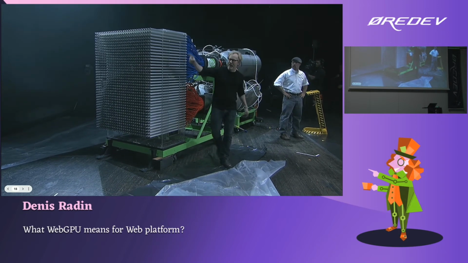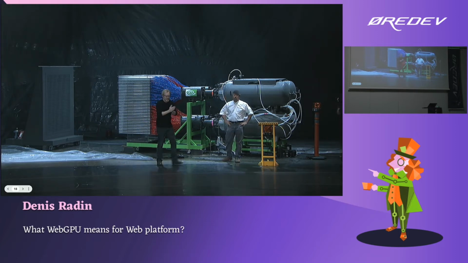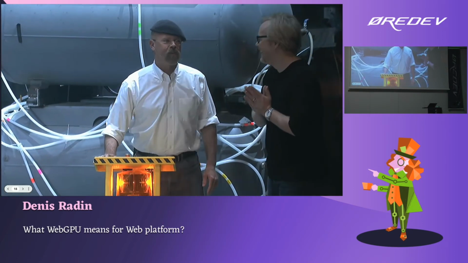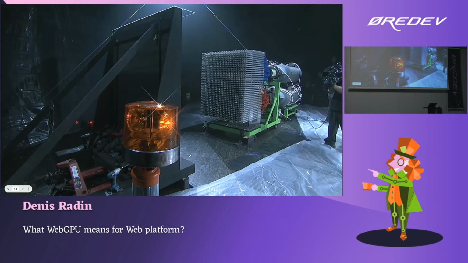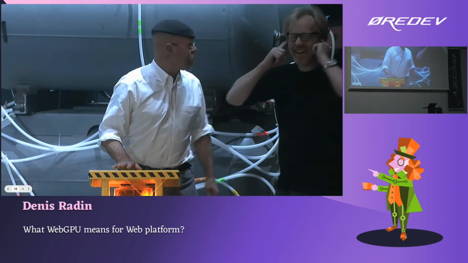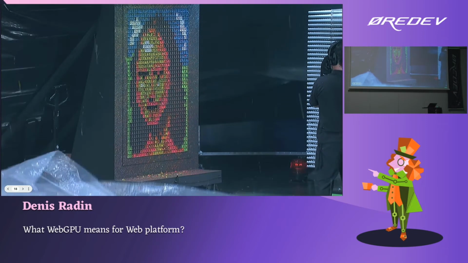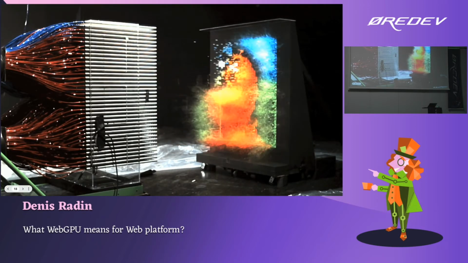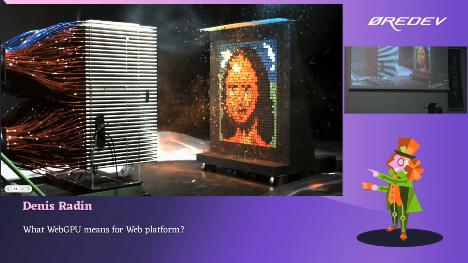Each of those paintballs will fly across 7 feet of space, and in 80 milliseconds reach its target. Hopefully, when it's all said and done, it's going to paint the Mona Lisa. GPU painting demonstration. Yep. In 10, 9, 8, 7, 6, 5, 4, 3, 2, 1. Ladies and gentlemen, science class is now over. Thank you.